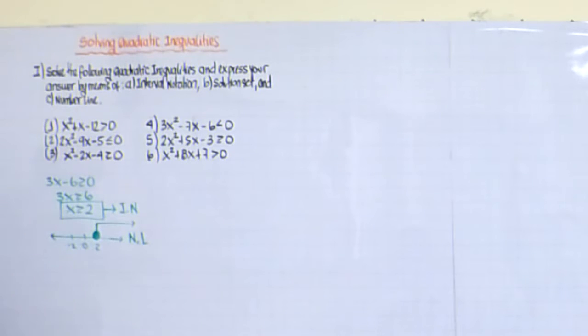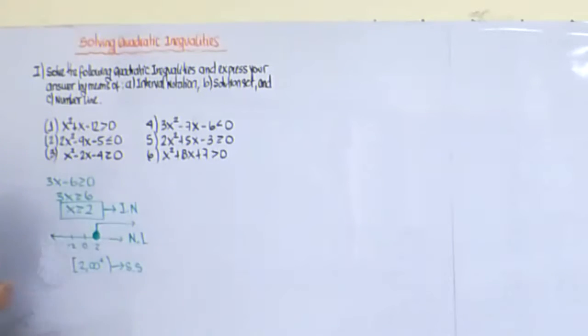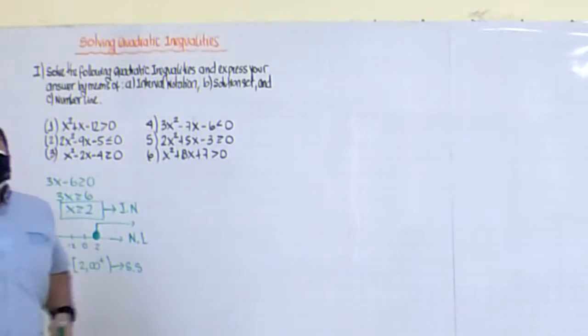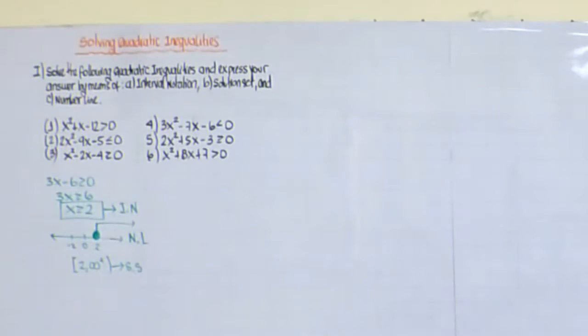And the solution set are the values greater than or equal to 2: 2, comma, positive infinity. In this way, we learned how to solve linear inequalities. This is a simple inequality, compound inequality, absolute value inequality, etc. We learned all this last year.